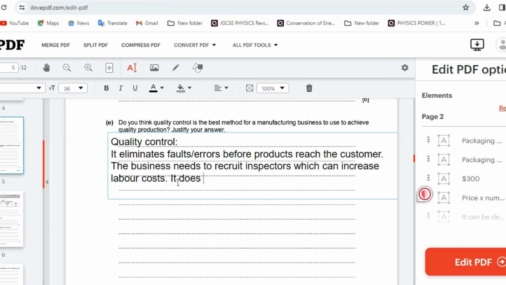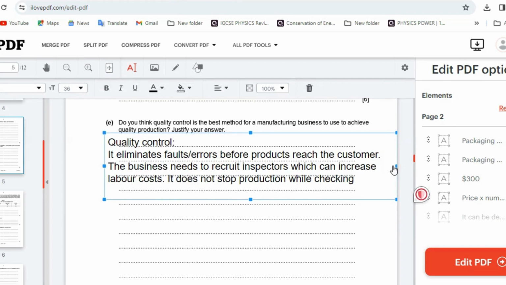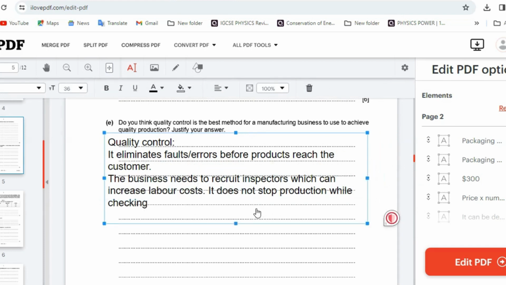Yes, it does not what? Does not stop production while checking. And in that way, some outputs will also be what? They will be available for sales.